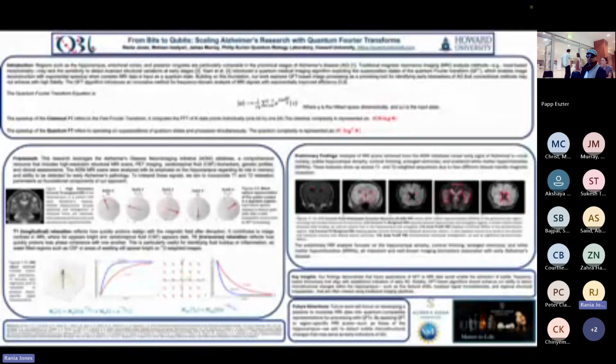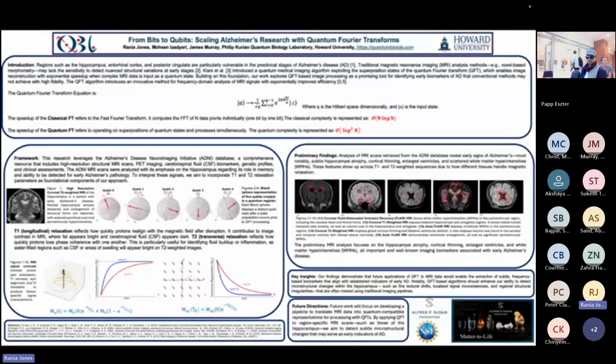My project focuses on exploring whether the concepts of quantum Fourier transform, also known as QFT, could eventually be applied to Alzheimer's MRI datasets. The overall motivation comes from Alzheimer's disease itself.